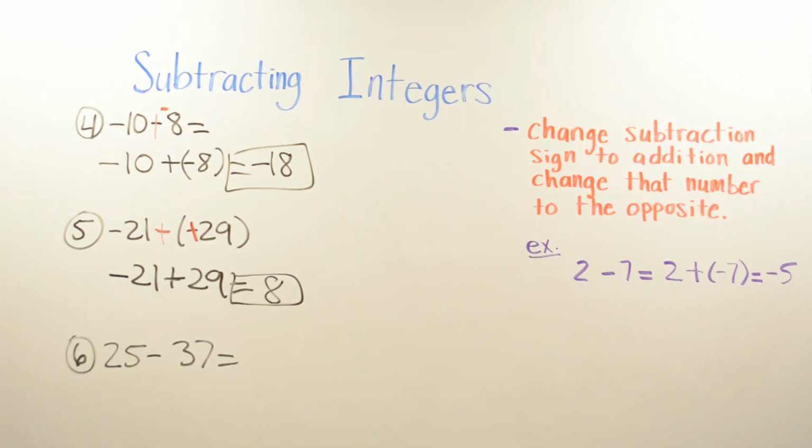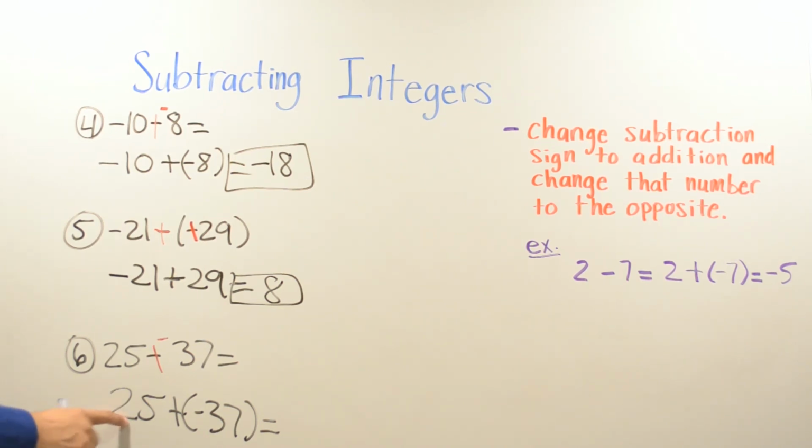So for the last problem, we have 25. We're going to turn that into a positive and turn that into a negative 37. So now we have 25 plus negative 37. Once again, we have two different signs: a positive and a negative. So we know that we're going to subtract. What sign are we going to put as our answer?